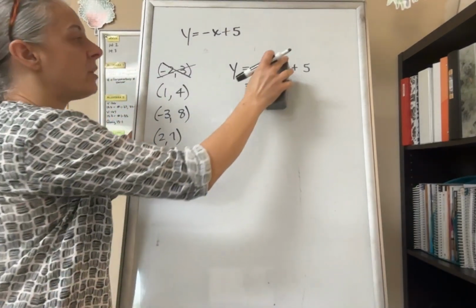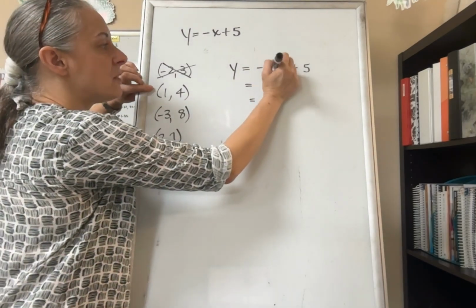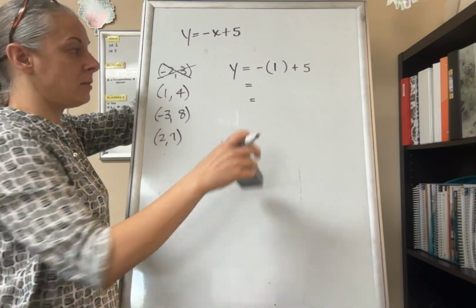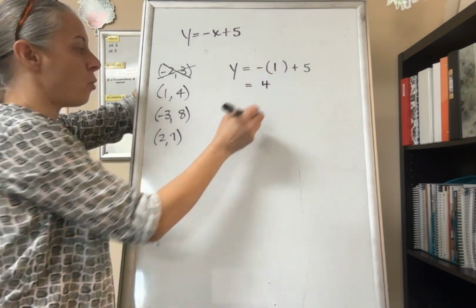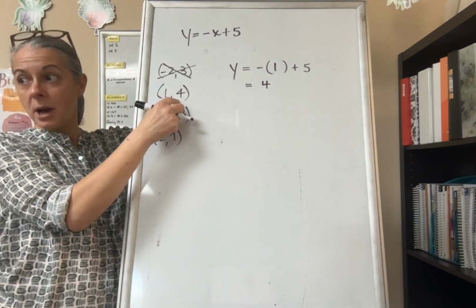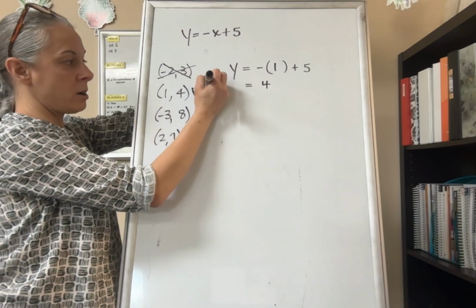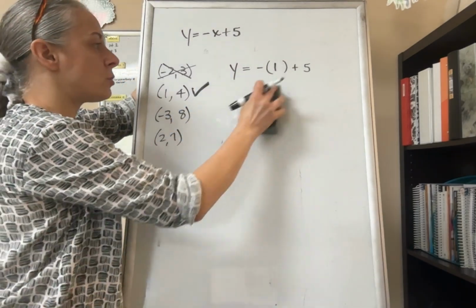Let's try it with an input of 1. If I put +1 here, -1 and +5 will make +4. Does this show an output of +4? Yes. So that ordered pair satisfies this function rule. It works in this function rule.